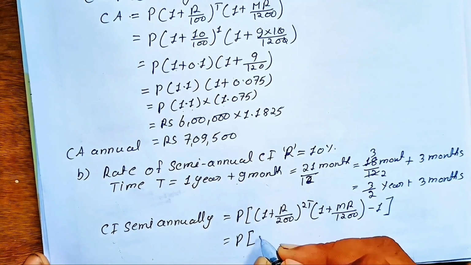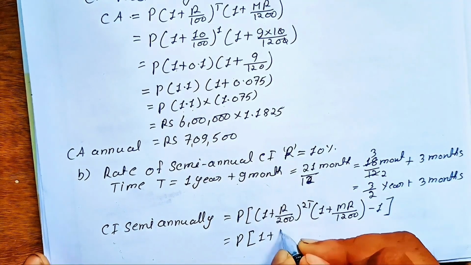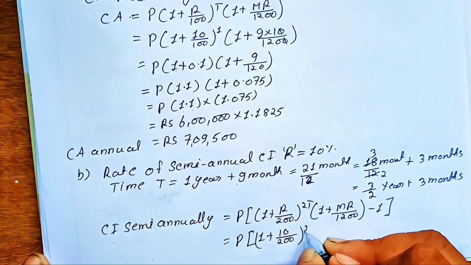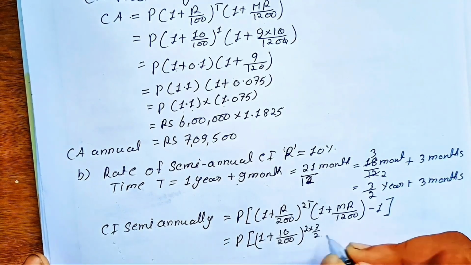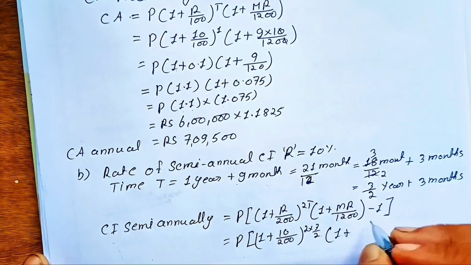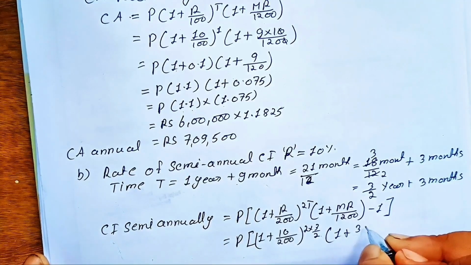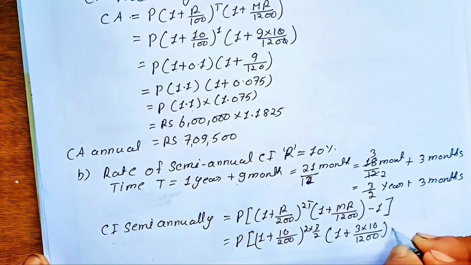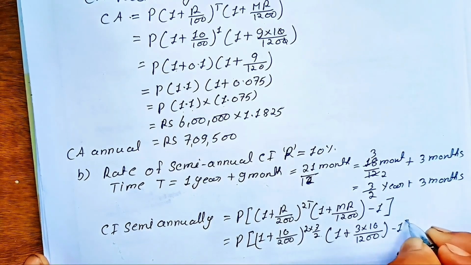We put the value of all those things: (1 plus 10 by 200) to the power 2 into 3 by 2, (1 plus month is 3 and the rate is 10 upon 1200) minus 1.